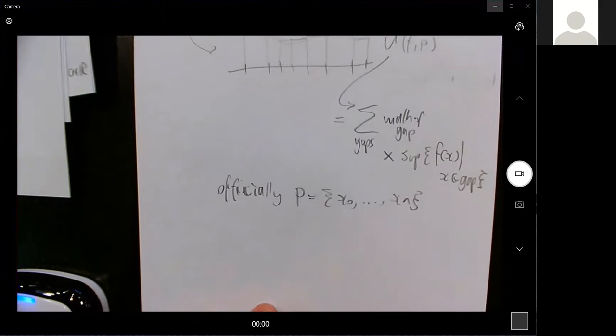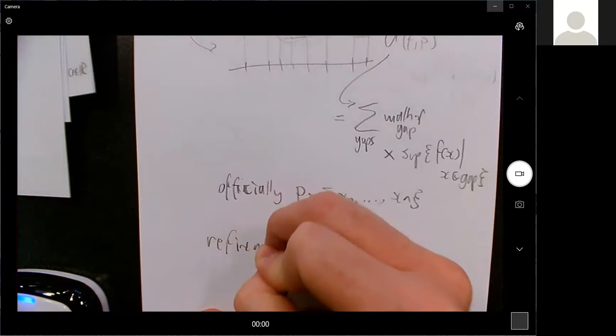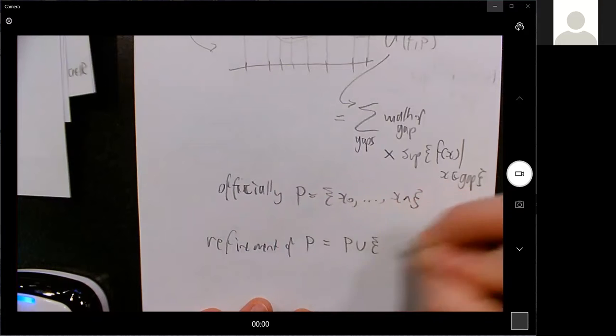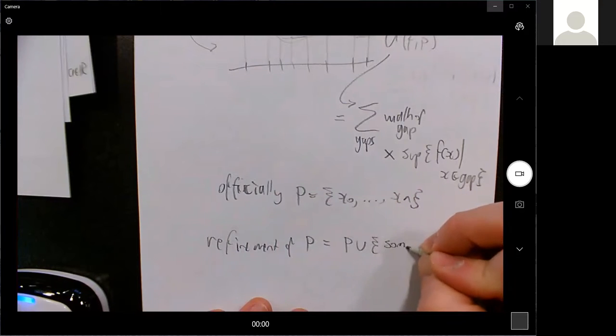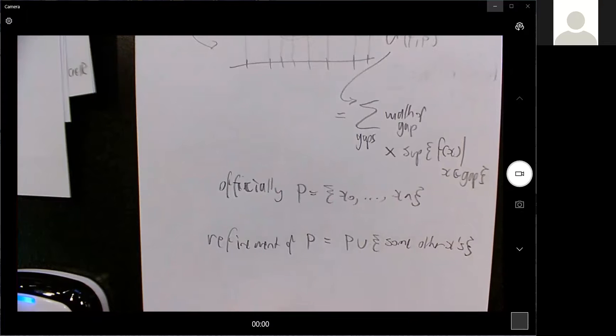Just while we're at it, this is not necessarily relevant, but a refinement of P is P union some other x's. That's my understanding of what a refinement is.